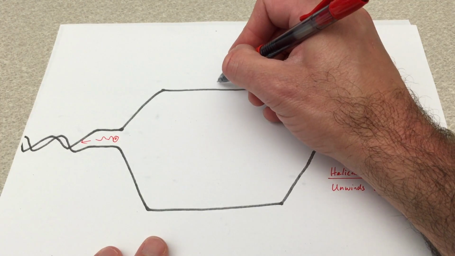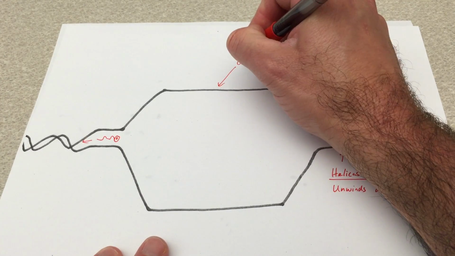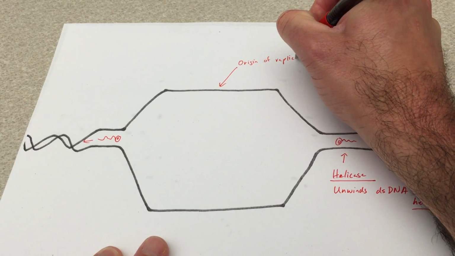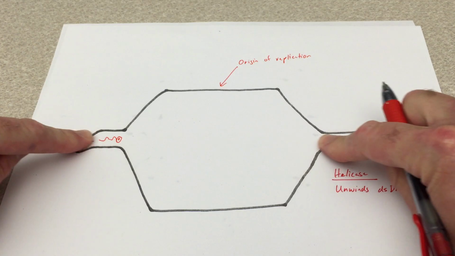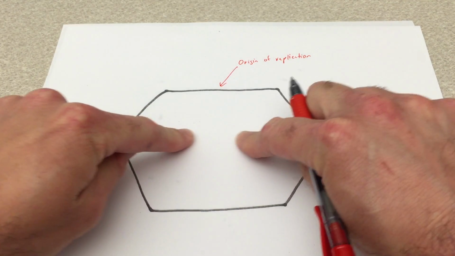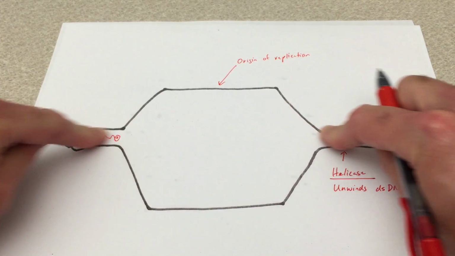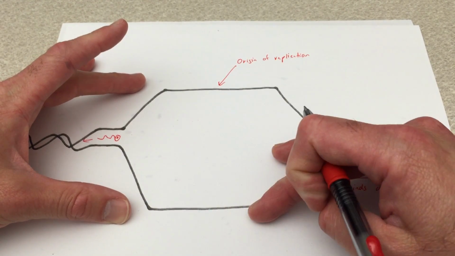Now at the center of this replication bubble is where they began. This location is called the origin of replication. Now, once these helicase molecules have moved in opposite directions away from the origin of replication, we're going to expose these two strands of DNA on either side.